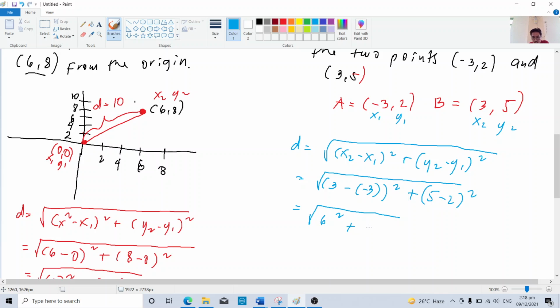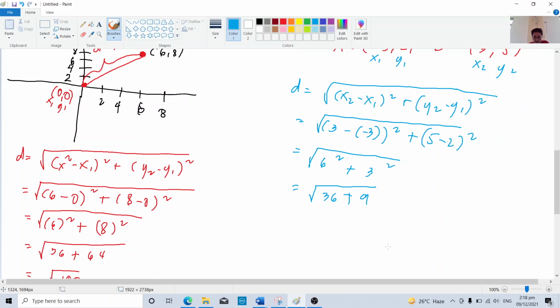Plus 3 squared. 6 squared is equal to 36 plus 3 squared, that is 9. 36 plus 9, that is the square root of 45.